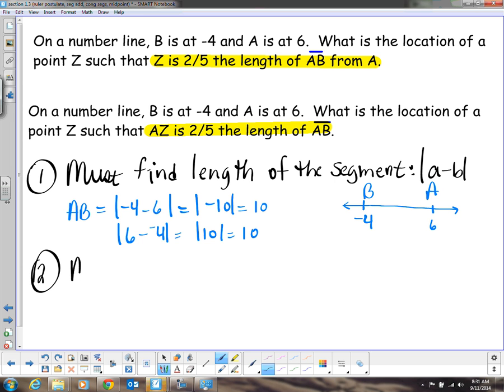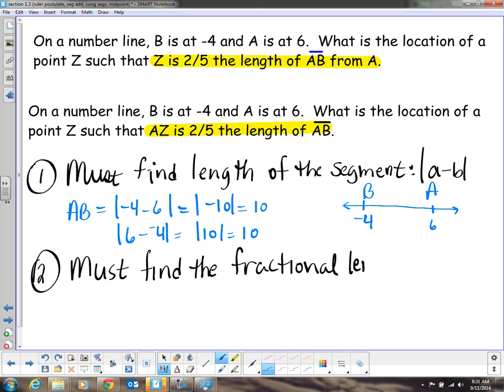You must find the fractional length of the answer to 1.